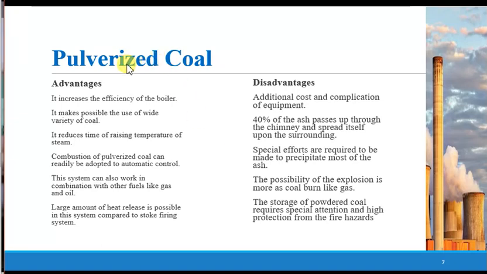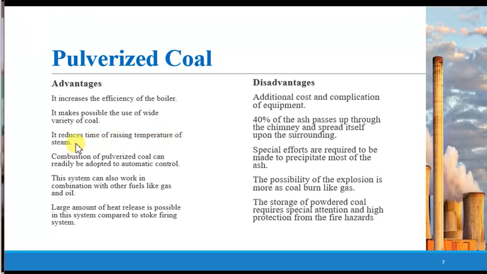This pulverization has many advantages, but definitely there are some disadvantages too. The advantages are mentioned here. It increases the efficiency of the boiler. Further, it makes possible the use of a wide variety of coal. It reduces the time of raising the temperature of steam.